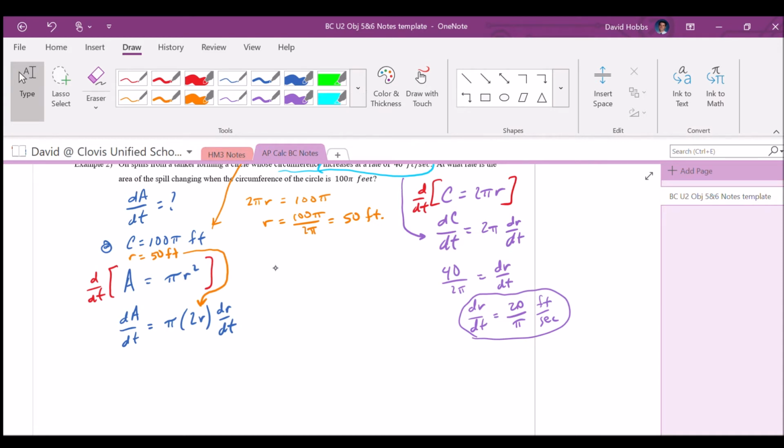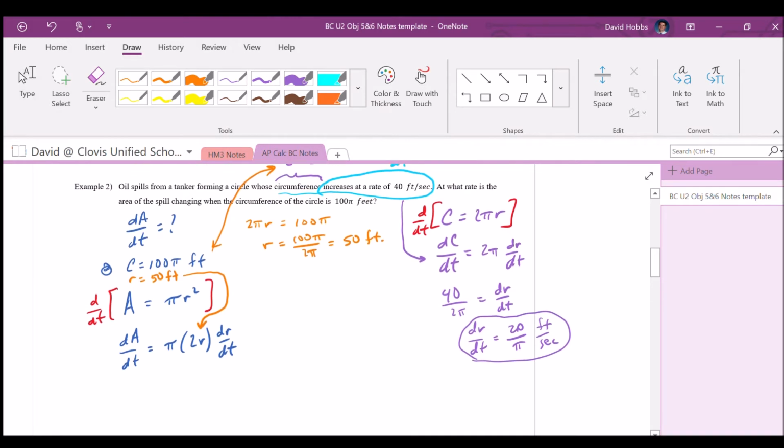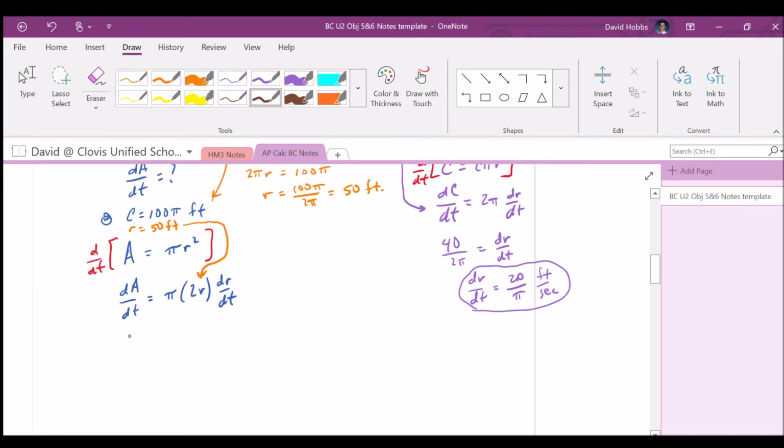Let's see, dA/dt is what we're trying to find out. So dA/dt is equal to pi times 2 times the radius. The radius is 50 feet when the circumference is 100 pi feet.